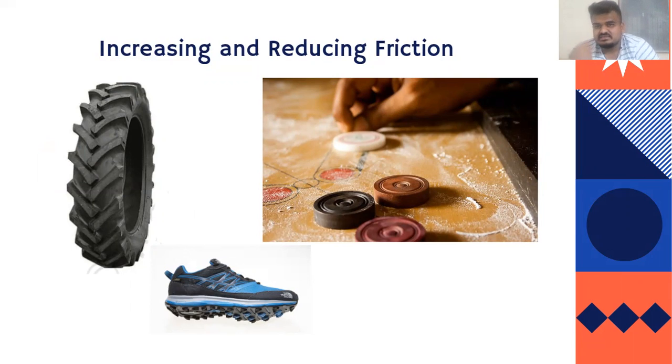So let's see some examples given there. First of all, you are given a tire, a wheel of a bus or a truck. This is from a heavy automobile, so it must have the best grip, or else this vehicle becomes slippery on the road.